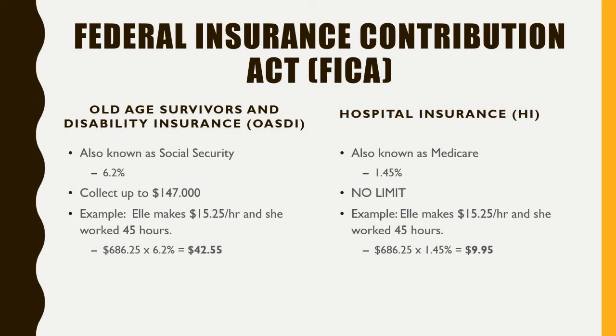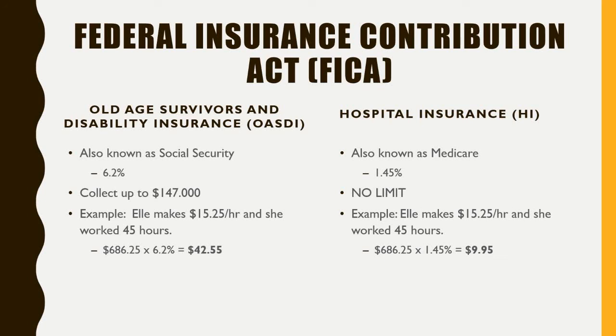So in this case, what do we know Social Security as? Back then, it's also identified as Old Age, Survivors, and Disability Insurance, OASDI for short, which is also very commonly known as Social Security. This is a preset percentage of your gross earnings. Not after tax.